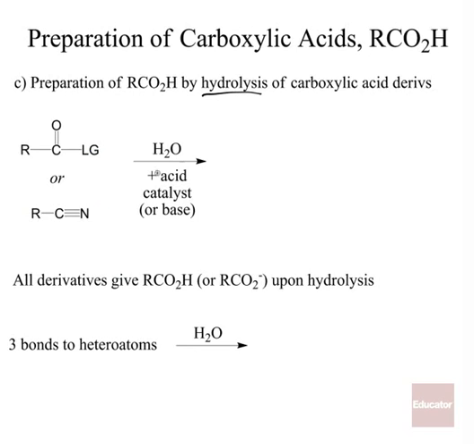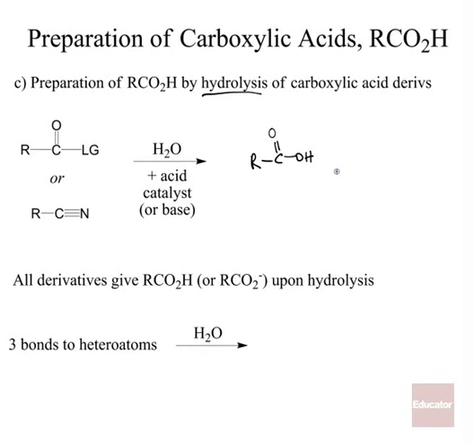If you take these and react them with water plus some acid catalyst, this also works with base, we get a hydrolysis, and the product we get is a carboxylic acid. So this is really what defines something as a carboxylic acid derivative: these are all compounds that upon hydrolysis give a carboxylic acid as a product.